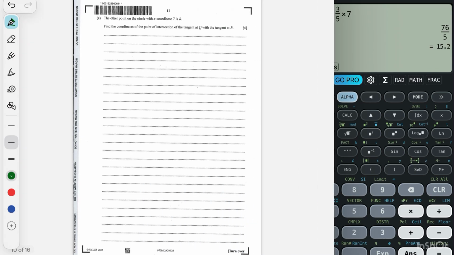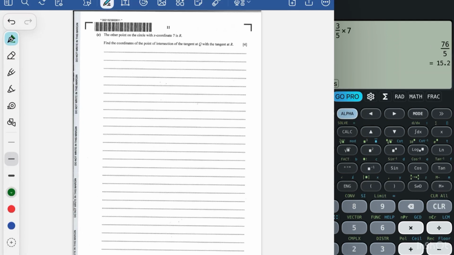Find the coordinates of the point of intersection of the tangent at Q with the tangent at R. So in this question, there's another point R which has x coordinate 7.